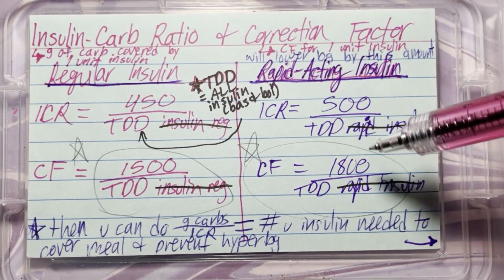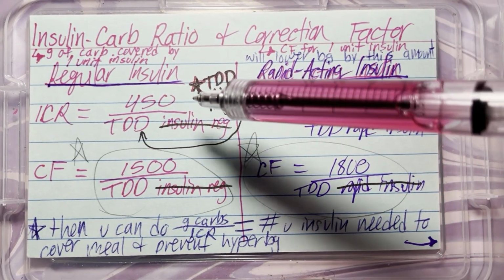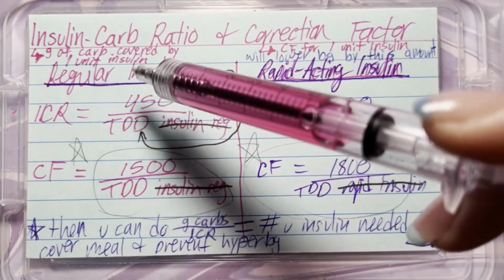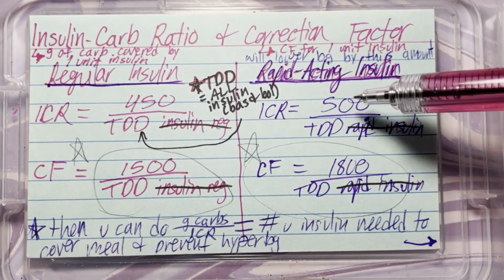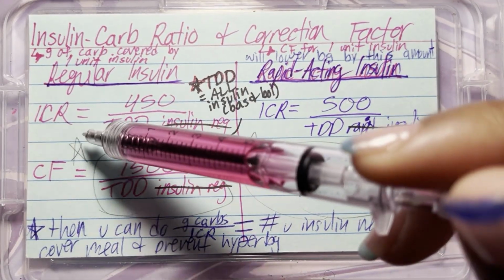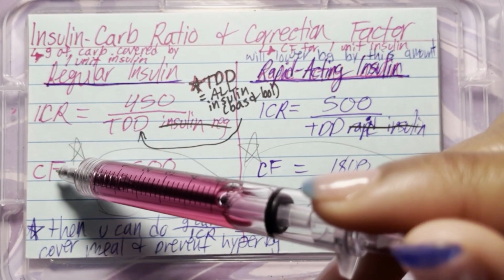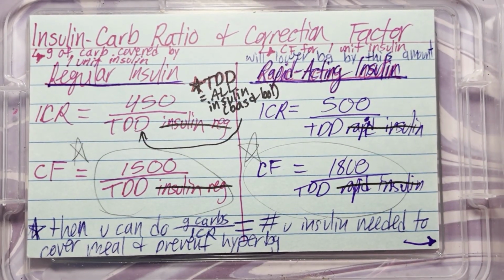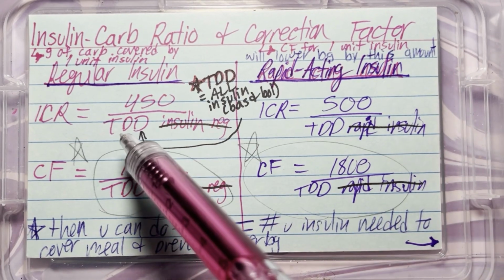Rapid acting is always going to be the higher number for some reason. If you think about it in a square, regular is on the left, 450, 1500, rapid acting 500, 1800. And the ICR is always first. Correction factor has one more digit, so it's going to have a higher number. Don't ask me why. And of course, all of those numbers are going to be divided by total daily dose.